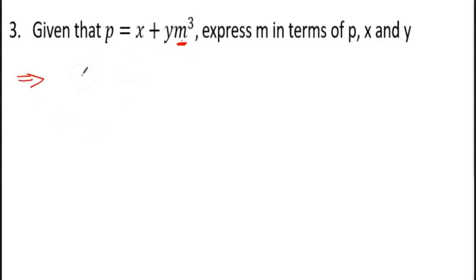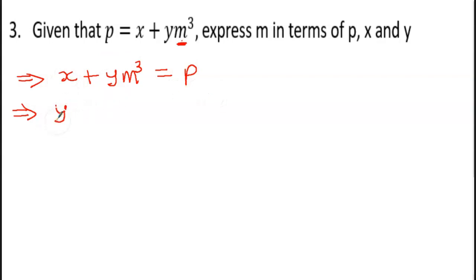Once again, we can rewrite this as x plus ym cube equal to p. This implies that for m, the subject, we need to move this x to this side first.